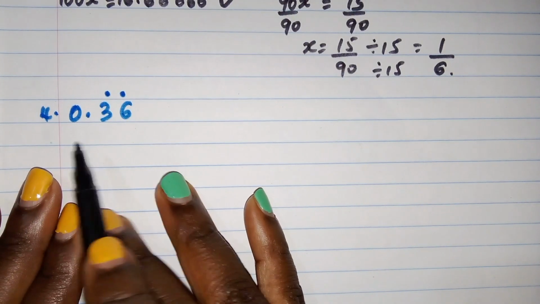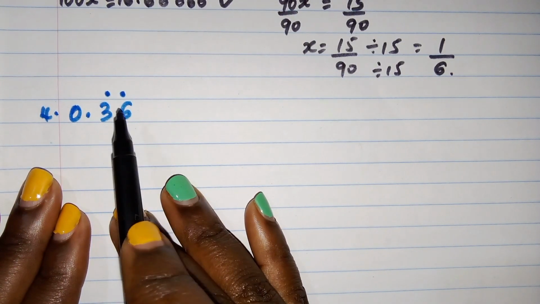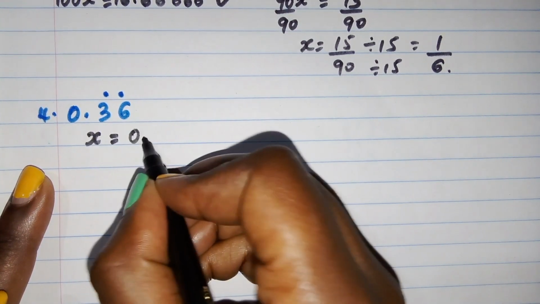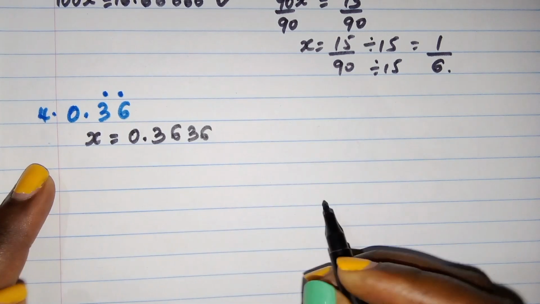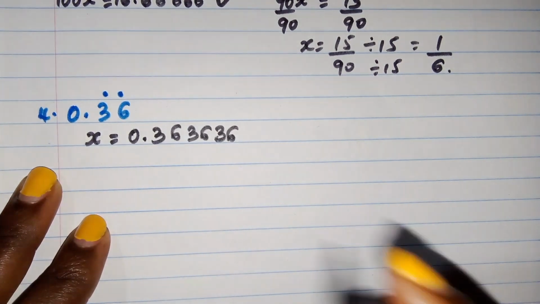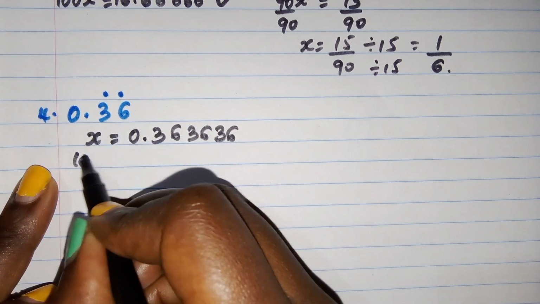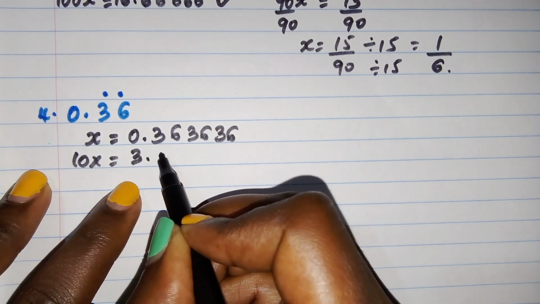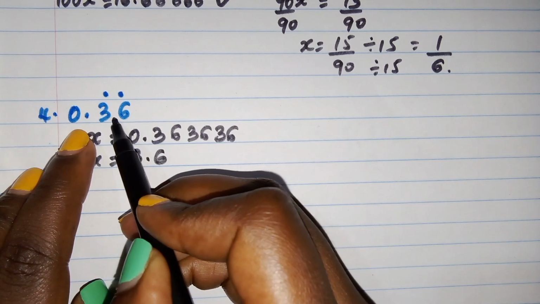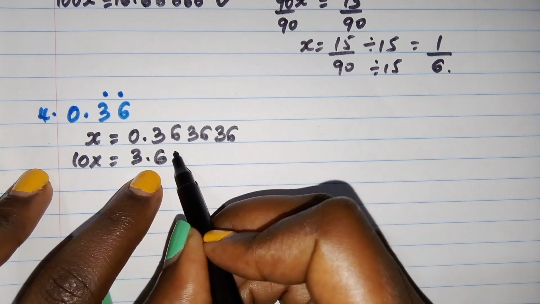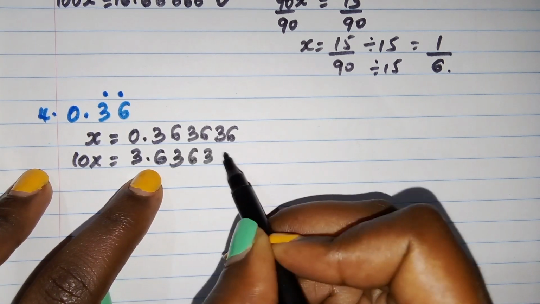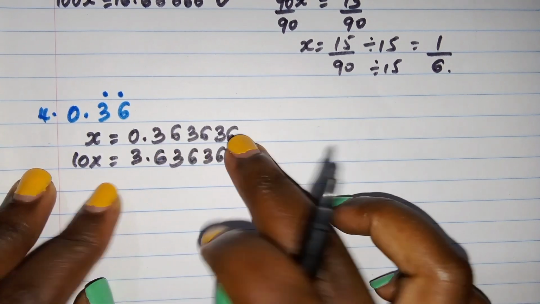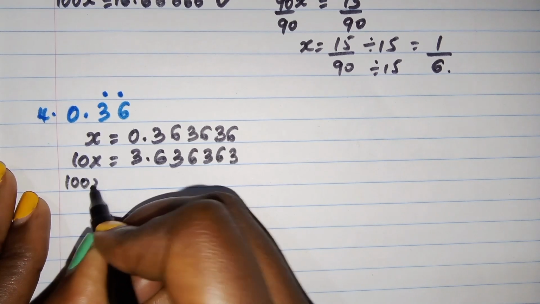Okay, number 4, 0.36 recurring. In expanded form, both numbers are recurring, so x equals 0.363636 and so forth. If you move the decimal point only once, that will be 10x equals 3.6, because you've moved the decimal point here. So 3.636 and so forth, and here 0.3636, so these two are not the same. We continue with 100x.